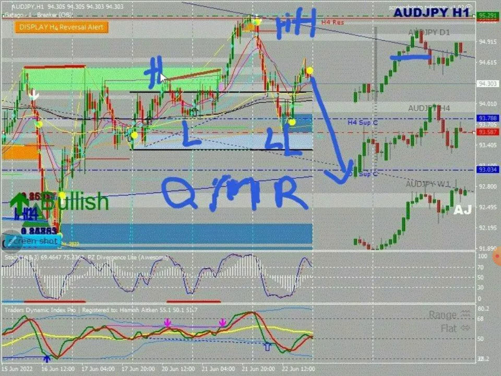So we start from the left, high, low, higher high, lower low. Lower low, it has to break this low on the left. You have to break this low on the left, and you have to break 50 EMA. This 50 EMA, you have to break it.